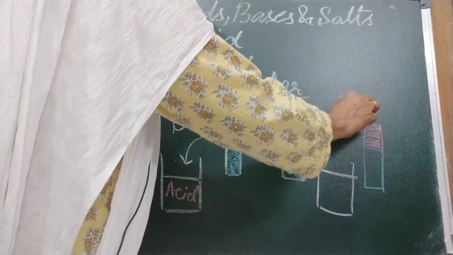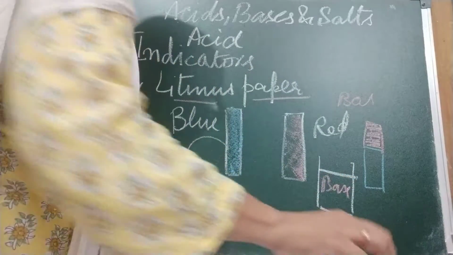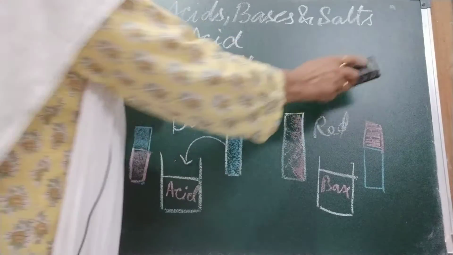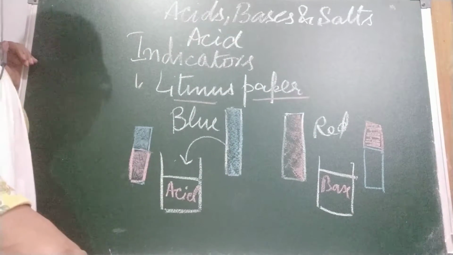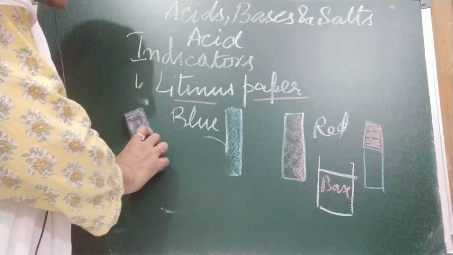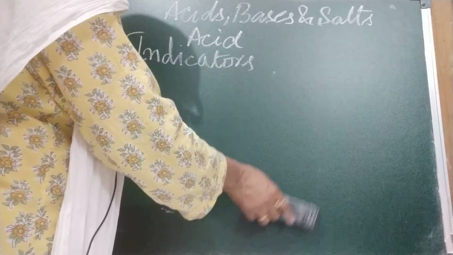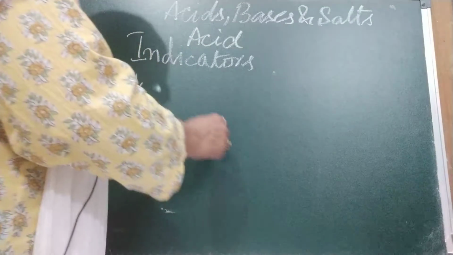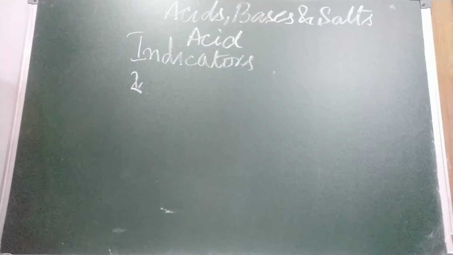So these tell us the solution is a base. These things which change color in acids and bases, we call indicators. More indicators are there; one I told you, litmus paper for acid and base.